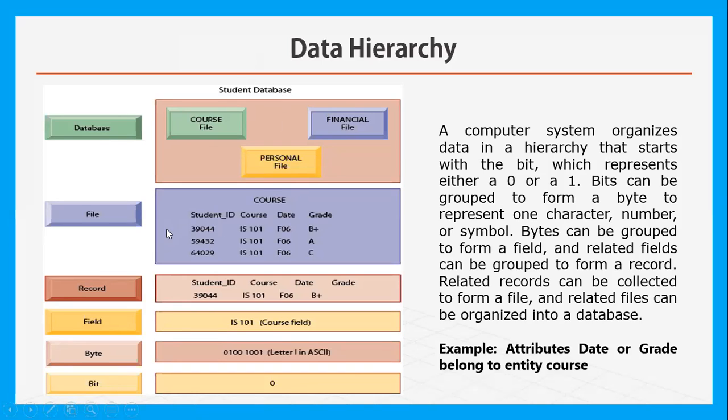In the file, you will see in the system there is a course, student ID, course, date, and grade. In the record, you will see only the student ID, and then the course, date, and grade. In the field, it is whichever field the course belongs to. Then the byte starts with a letter, and the bit also really starts with 0.